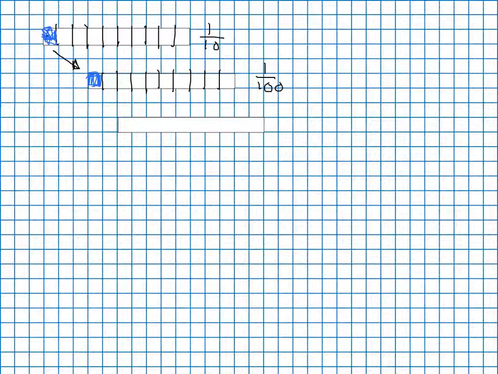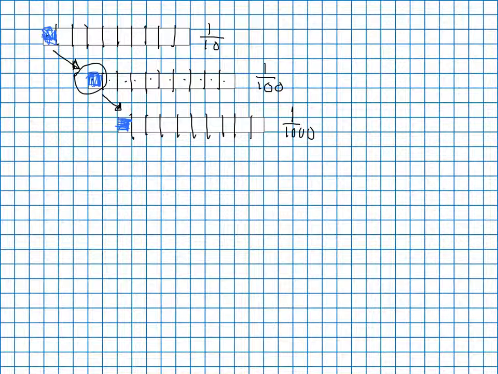Now we're going to take this 1/100th and look into it, and that one can be split into 10 pieces as well. There's 10 of those in there, and 10, 10, 10, 10, 10, 10, 10, 10, 10. If we continue and look at one of them, it's going to be 1/1000th.